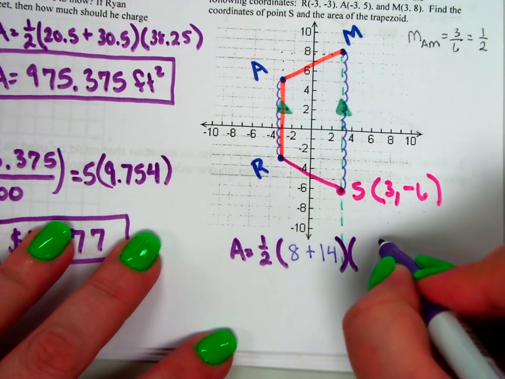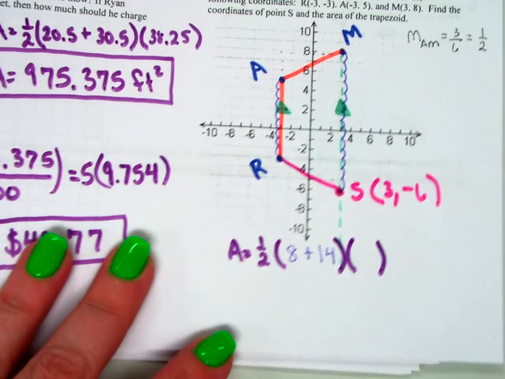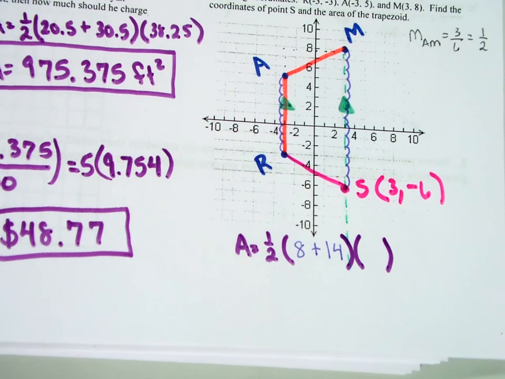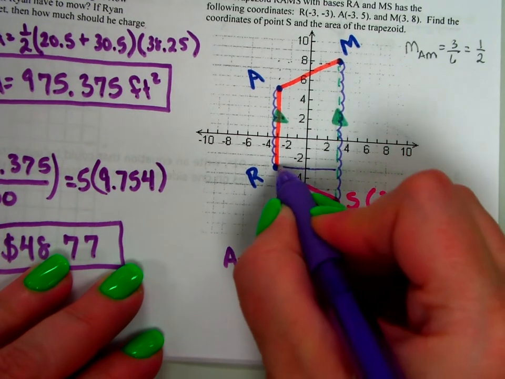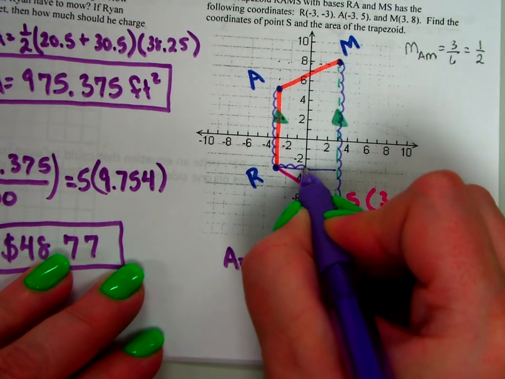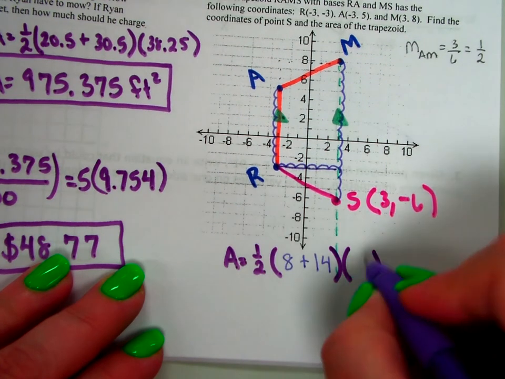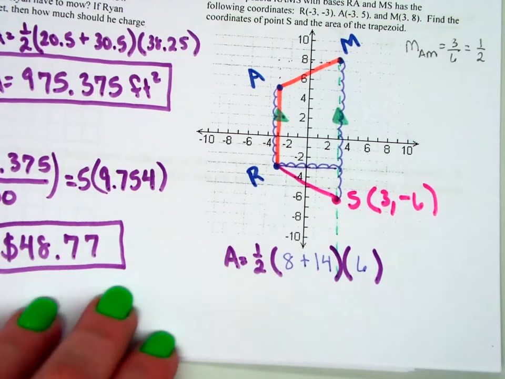And then what's the height? So if my bases are vertical, then perpendicular to that would be horizontal, right? So I just have to draw in a horizontal height. And then just see what my distance is. What is it? 6.